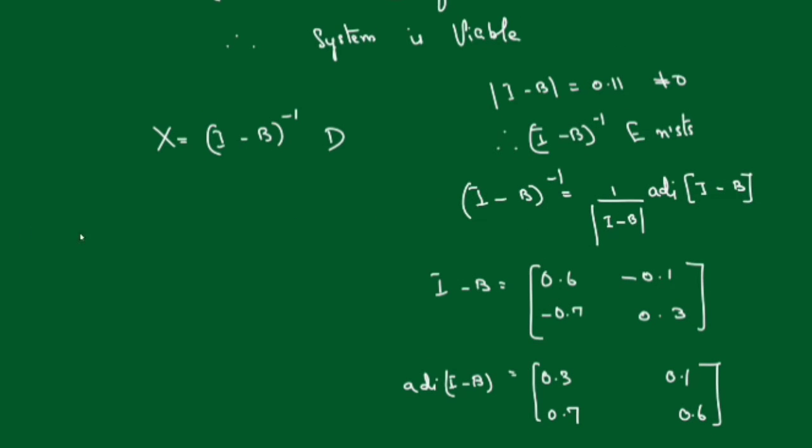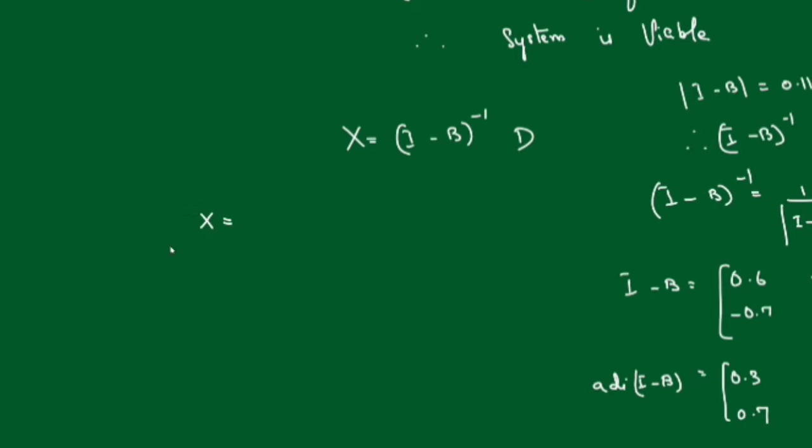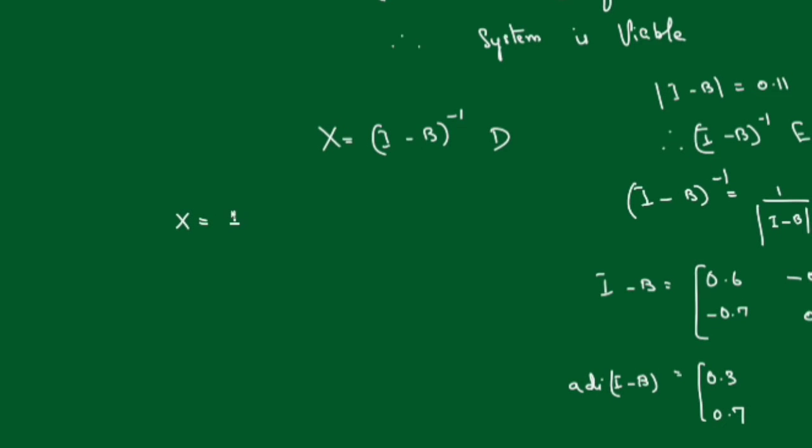So your matrix X is equal to (I minus B) inverse into D. What is (I minus B) inverse?